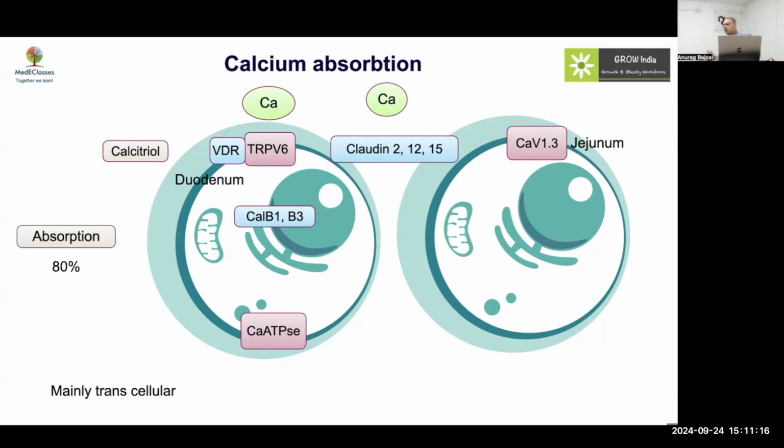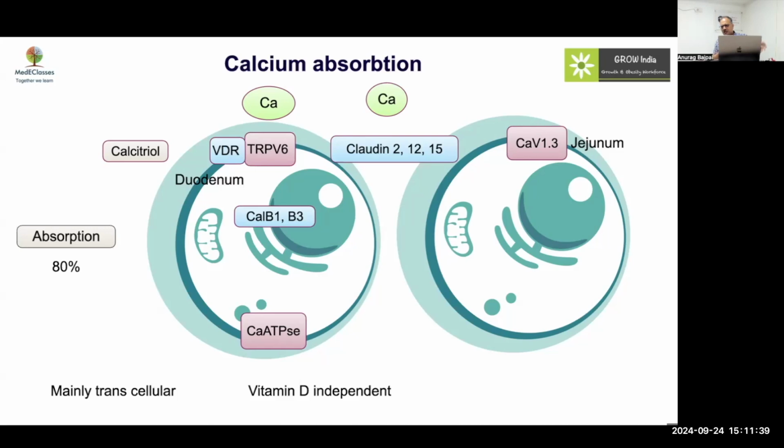The other pathway is the paracellular, which is in between the cells, a passive process. Compared to older individuals, who have lesser efficiency of calcium absorption, neonates have a higher efficiency, around 80%, which means that you don't need that much vitamin D.